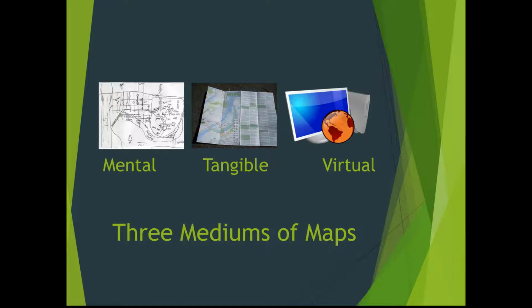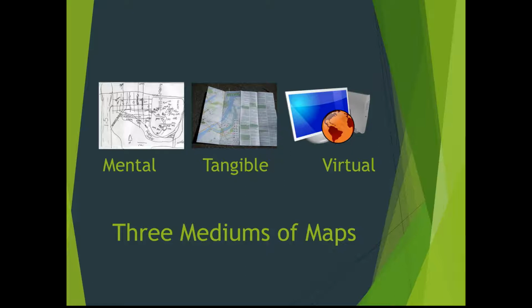Paper has advantages as a medium, such as ease of transport, low cost of production, and no requirement of specialized hardware or software to view. A disadvantage of paper maps is that they are not easily updatable. They cannot show dynamic content, and they are set at a single scale.